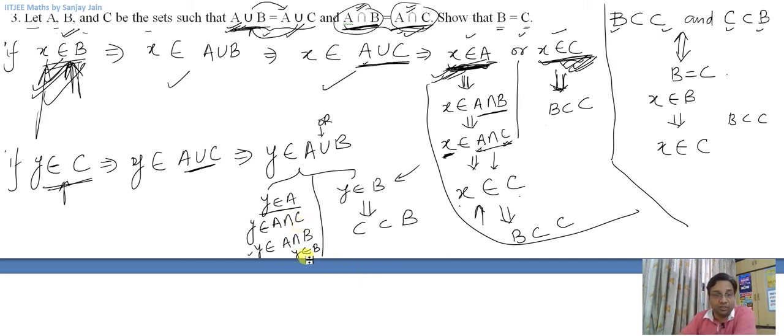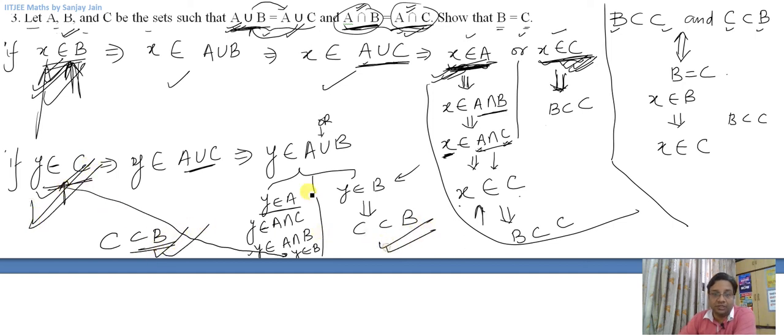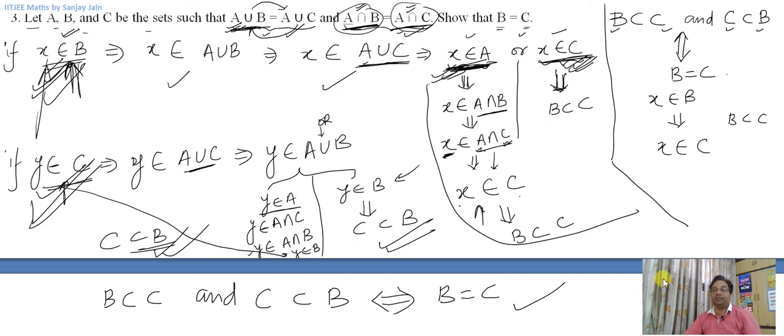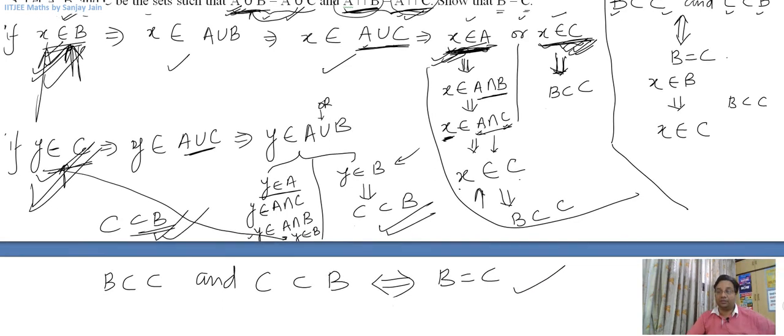So Y belongs to B. So Y belongs to C implies that Y belongs to B, means C is a subset of B. So I started with this and I reached the conclusion in both of these scenarios that C is a subset of B. Hence I can say that set B is a subset of C and set C is a subset of B, which implies that set B is equal to set C, right? This is what we need to prove in this question.